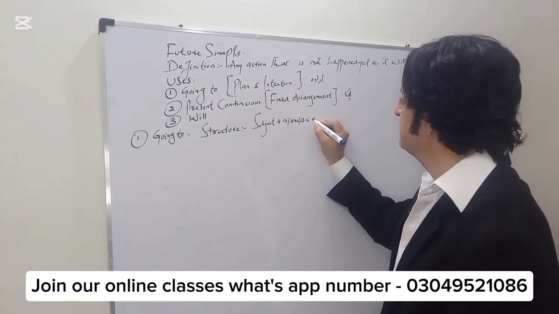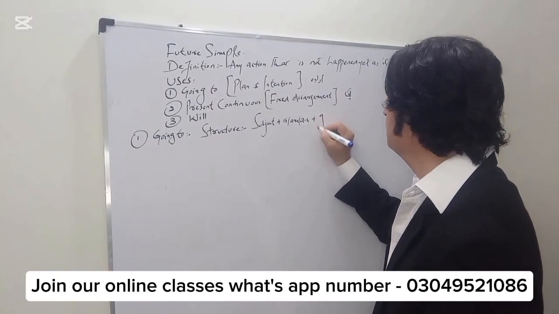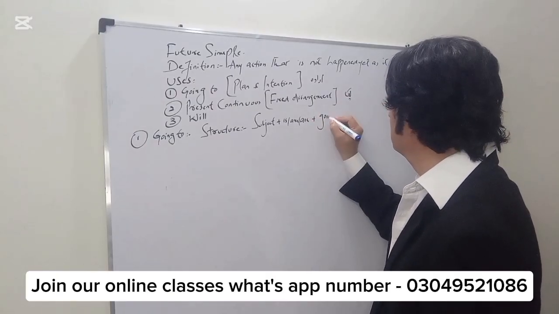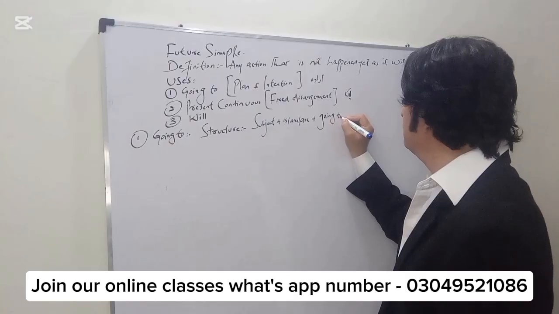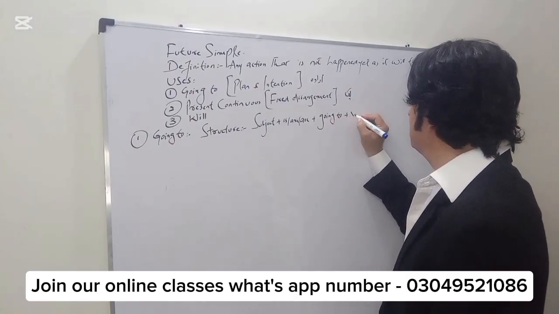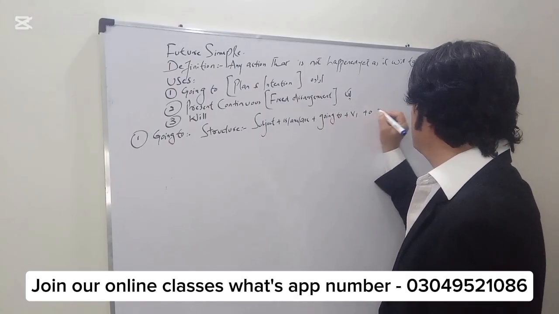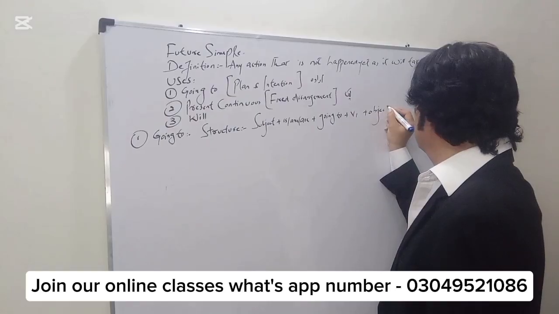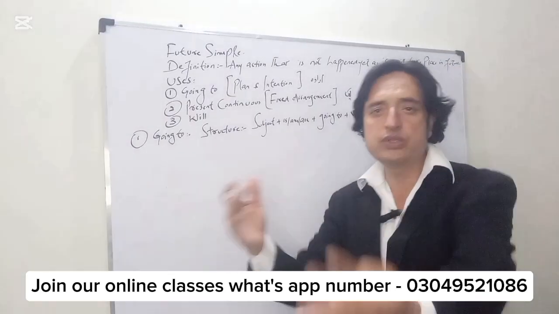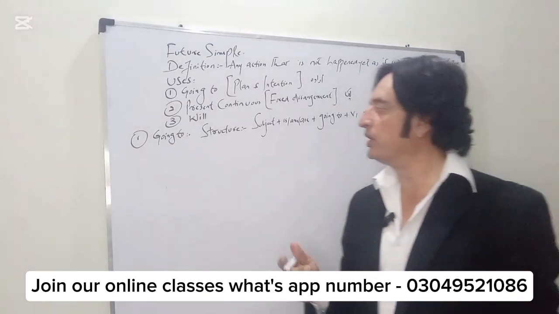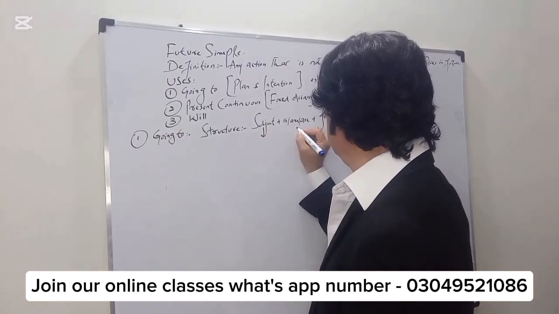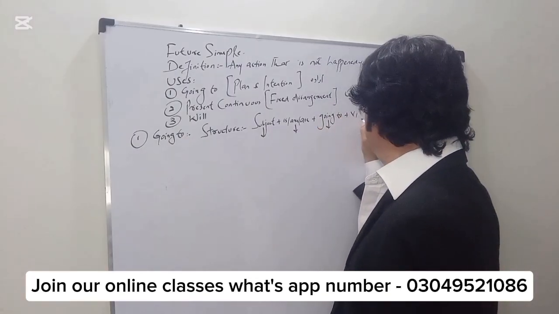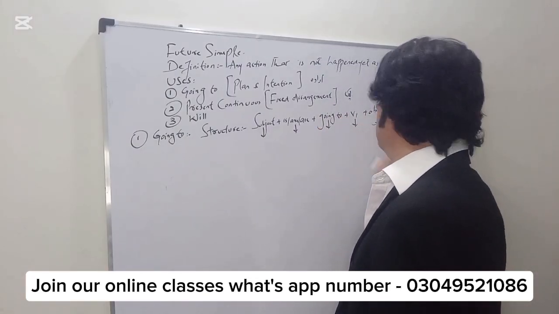Third thing is going to, and then you have the verb first form, and the object. Okay, we start generating sentences.